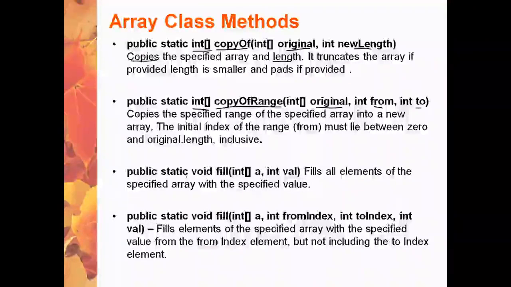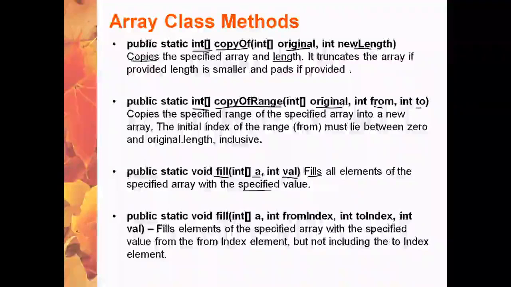Then we have a method public static void fill. As the name suggests, the fill method simply fills an array with a specific value. Again we are passing an array and we are passing int val. What it does is fill all elements of the specified array with the specified value.